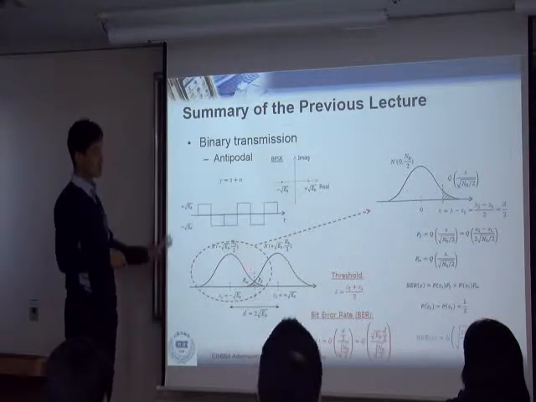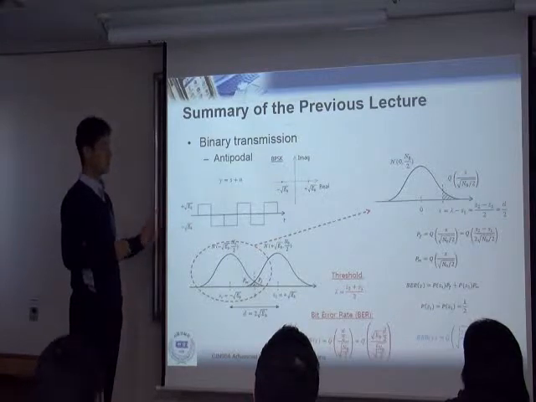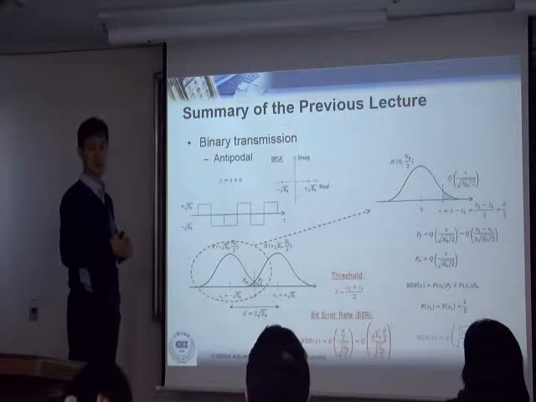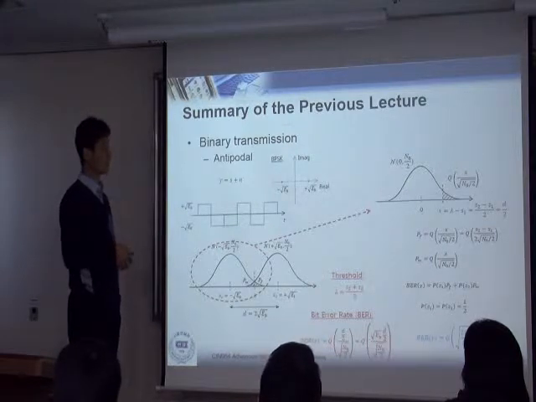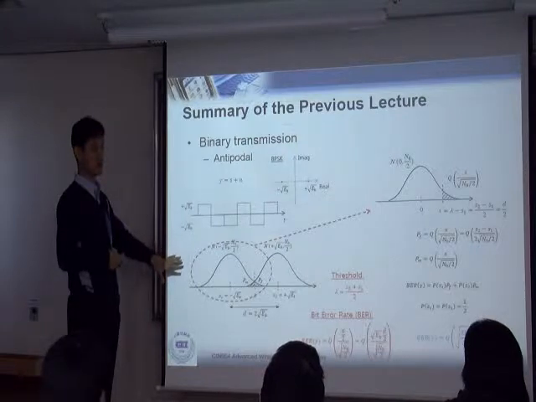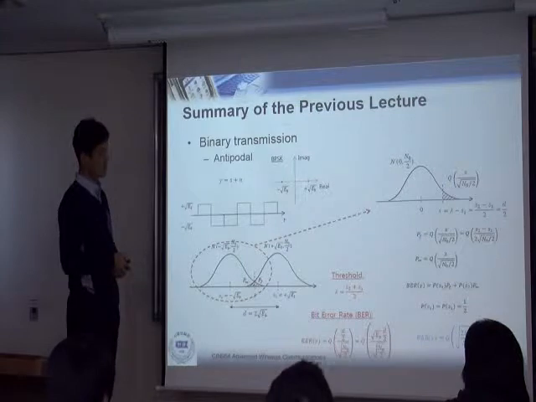Actually, this basic model, you'll see it in a lot of places when you talk about binary transmission like BPSK, or some of you probably heard about cognitive radios, right? In cognitive radios, people start from this same hypothesis, same model, okay? They do the same way. They start from the same hypothesis like this.